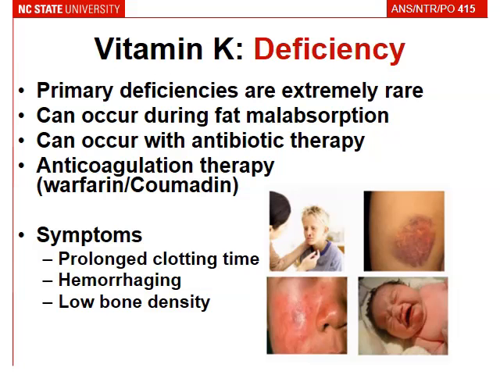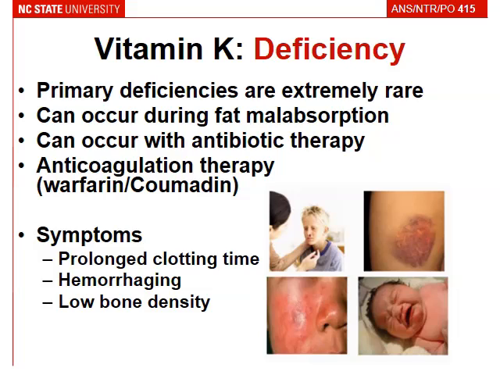So when we have deficiencies in vitamin K, first, primary deficiencies are extremely rare because we are able to absorb vitamin K from the microflora in the colon. Humans can meet all their vitamin K requirements basically based off of what the microbes in your GI tract are synthesizing.